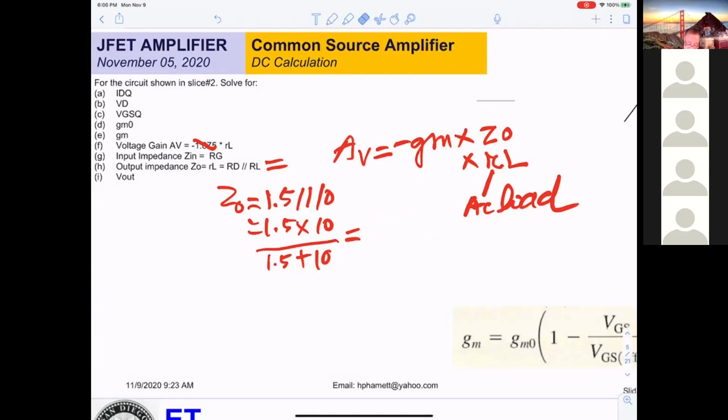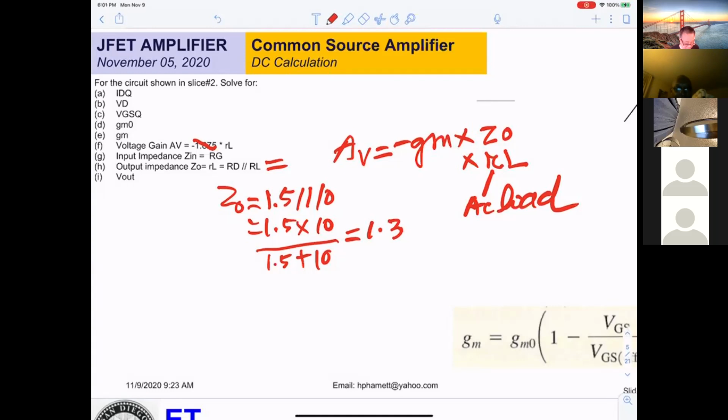It should be close to 1.5, but it's 1.3. I'm using my calculator and I got 1.304.